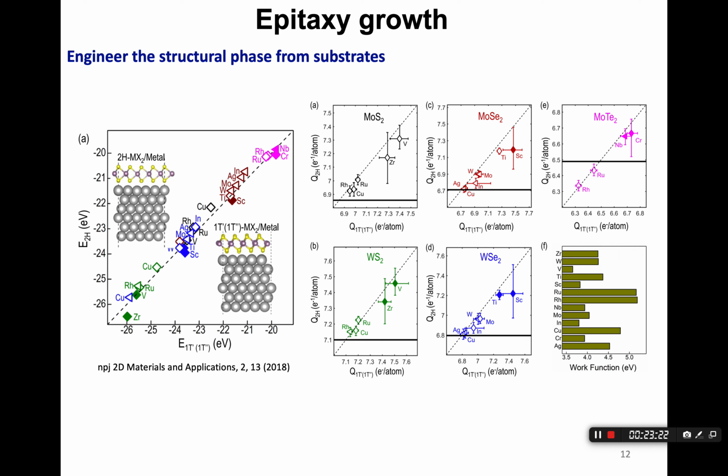That also explains why some ionic metals such as scandium, chromium, niobium, and vanadium work best among all transition metals.